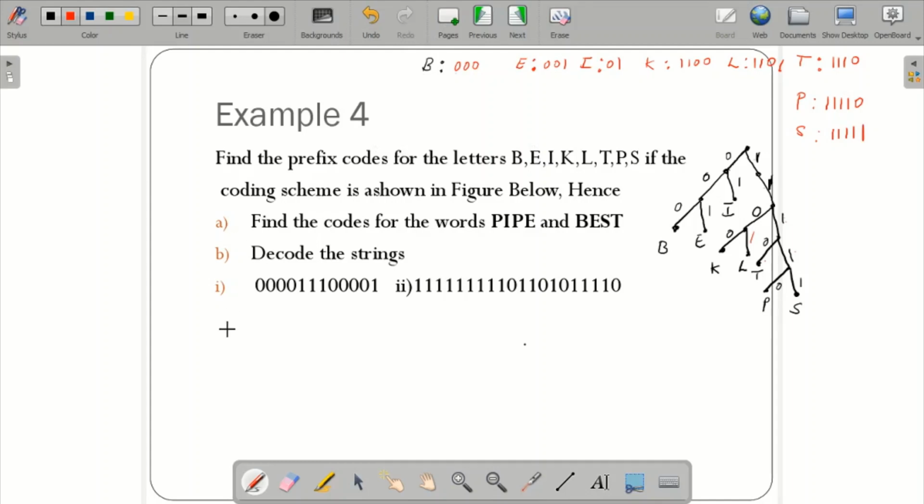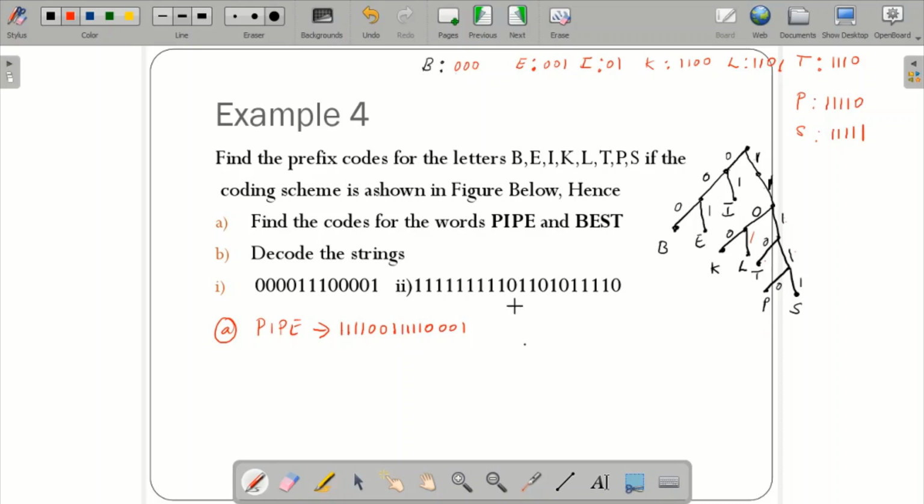In that, the next part is to find the codes for the word pipe. For pipe you have to use P, that is 11110. I use the code for P, and then I is 0 1, and then again P, 11110. Then the E code, E is 001.